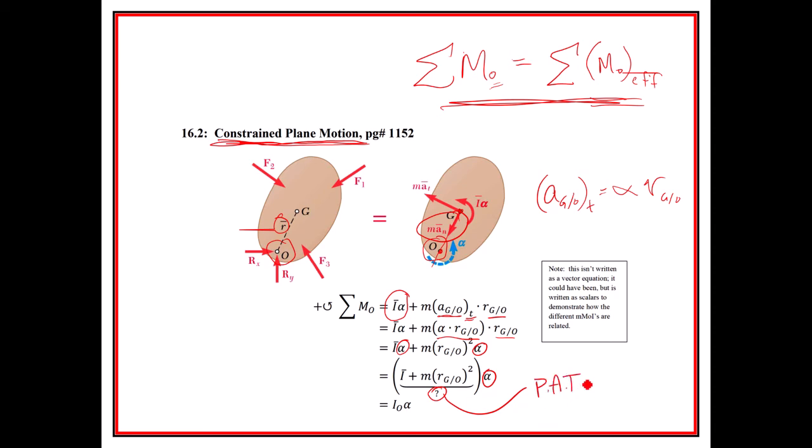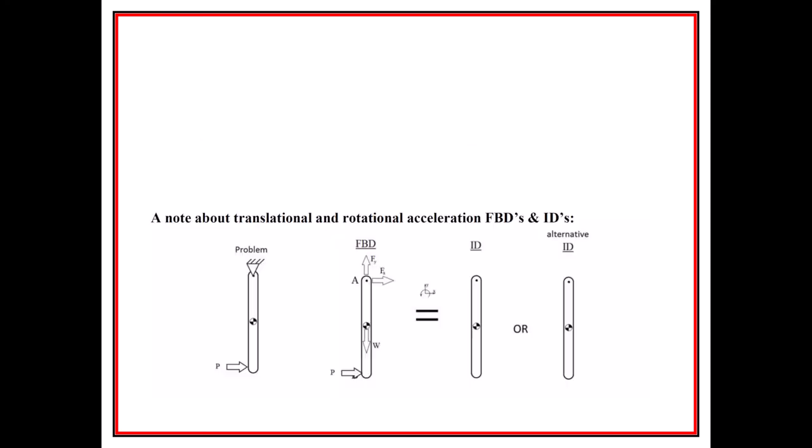Essentially we've proven the parallel axis theorem, shifting the mass moment of inertia to be about point O. So we have a simple equation for this condition. But remember, this is only applicable for this type of pinned motion.